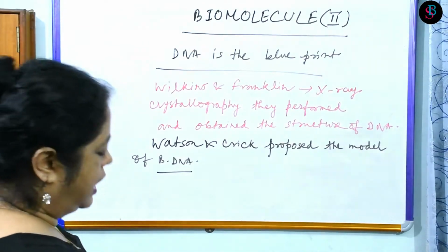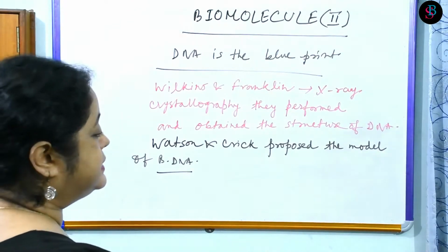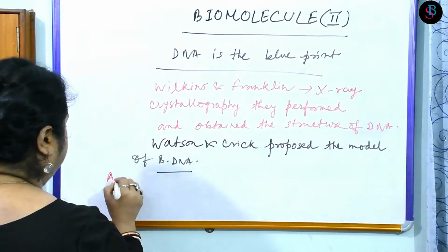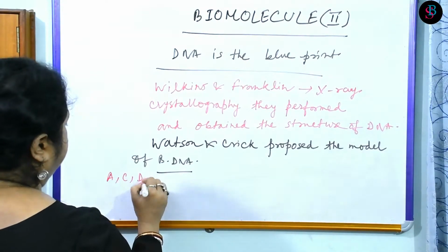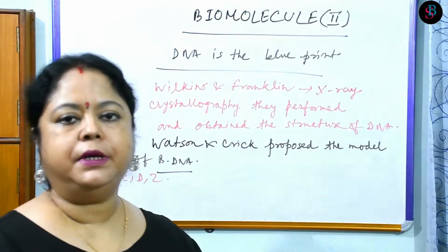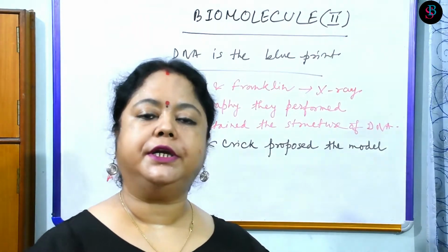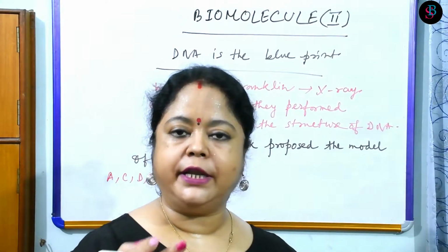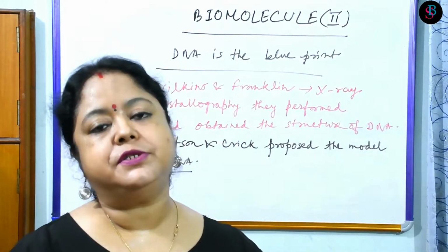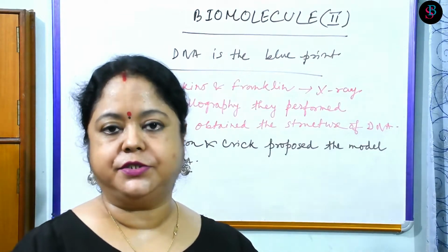And about the other DNAs, other than B there are A, C, D and Z. Another four types are also observed, and they differ in their base pair content and coiling pattern, and on the basis of that, these DNAs are categorized.